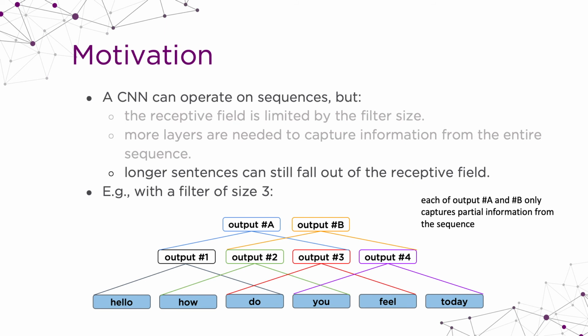Obviously, once you decide how big your filter size is and how many layers you have, you define your receptive field. This means that you can always find a sequence that is bigger than that. So that's why we can use CNN, yes, but they come with these disadvantages. Ideally, we would like to find a system that is more robust, that is able to extract all the information from the whole sequence.